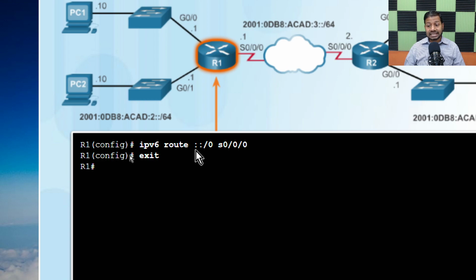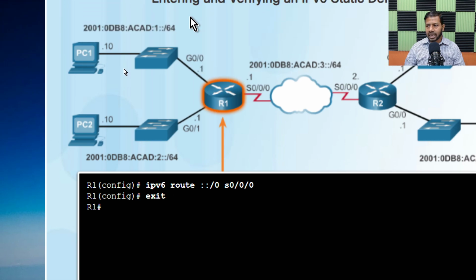Remember in v6, double colon means all zeros, and /0 means a 0-bit network ID. That means all networks in the world. That's the way to write all zeros in IPv6. That's my default route.